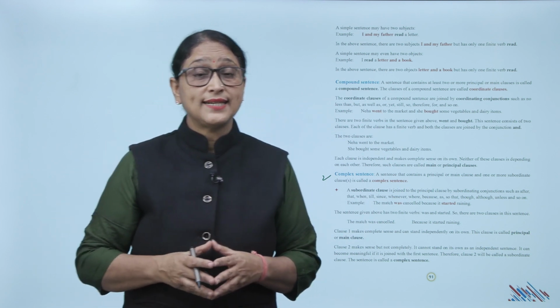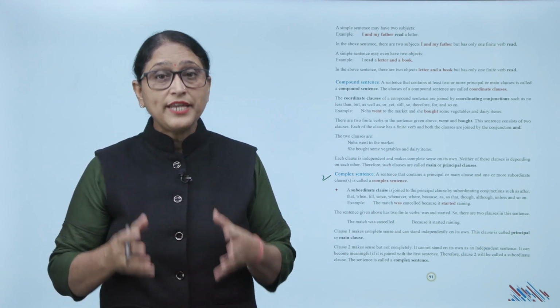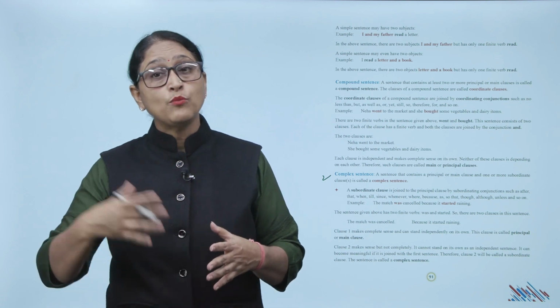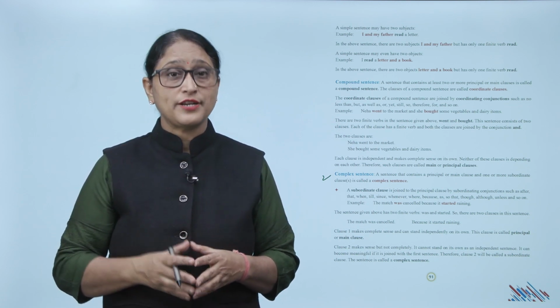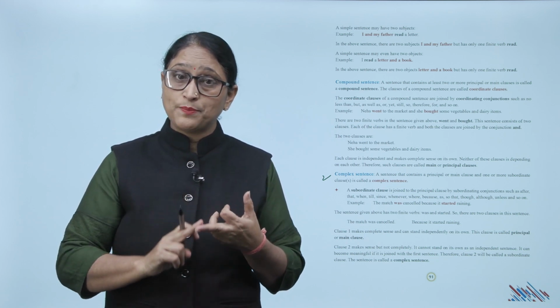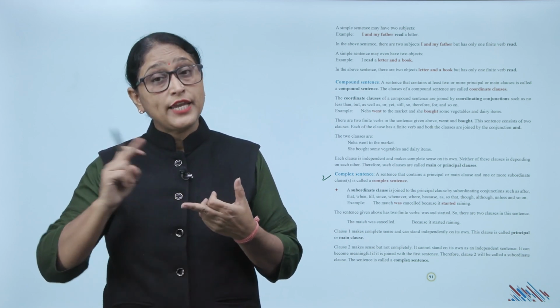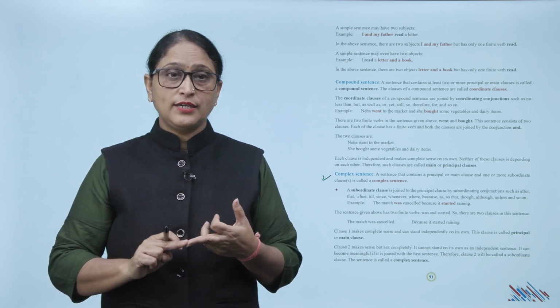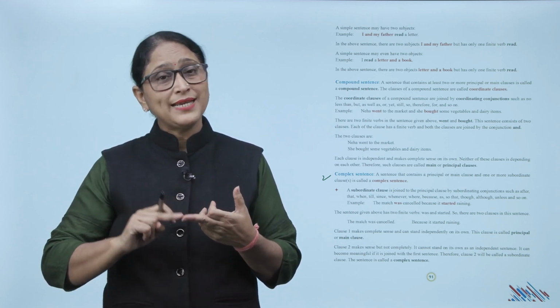A sentence that contains a principal or main clause and one or more subordinate clauses is called a complex sentence. Complex sentence में क्या होता है? उसमें एक principal और main clause होगा और एक और subordinate clause होगा और उसको हम क्या कहेंगे? Complex sentence.